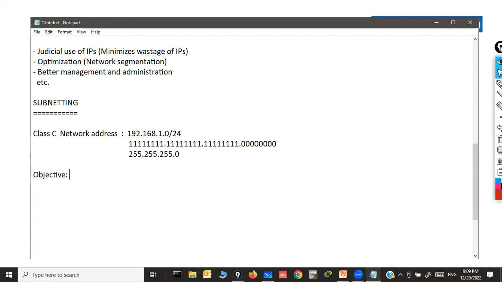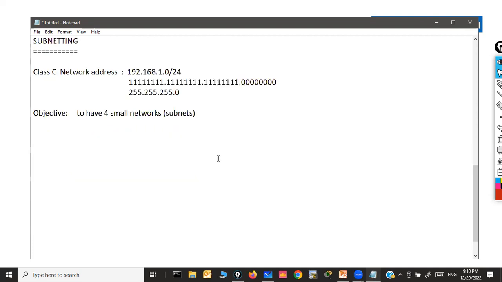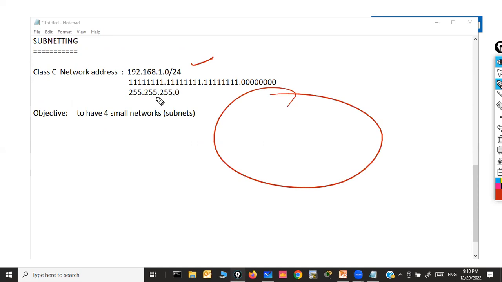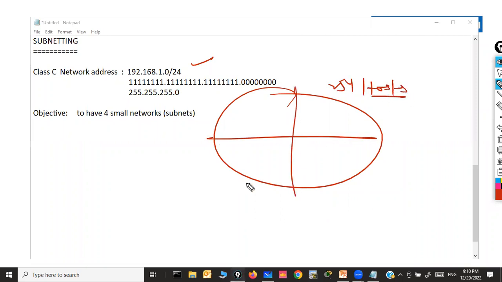Now here my objective or requirement is to have 4 small networks, meaning subnets, in this network. There should be 4 subnets. A network has a total of 254 hosts, and now my requirement is to divide this network into 4 subnets.